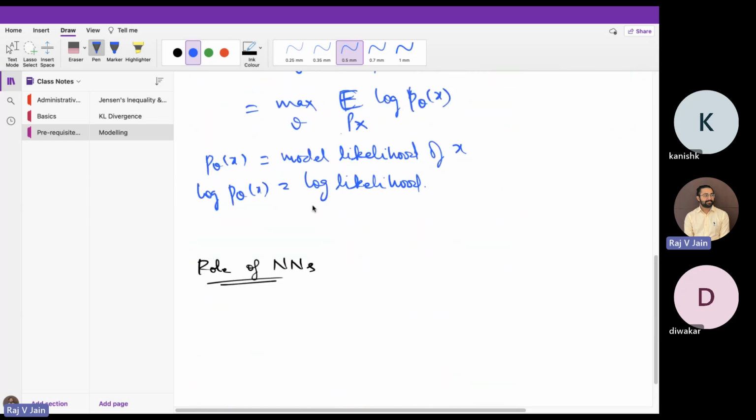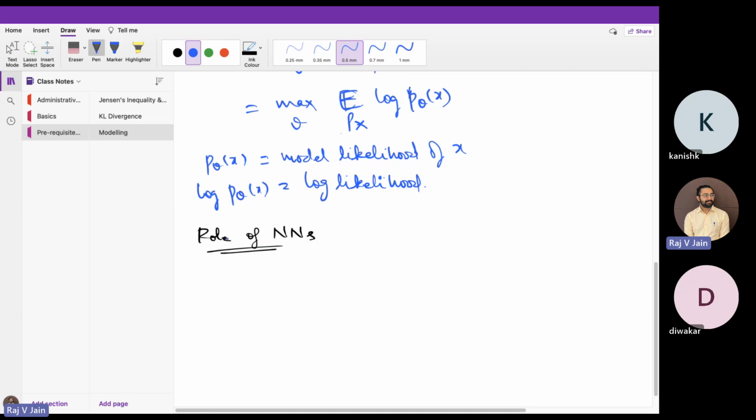Now the question comes: we have some parameters in place, so what parameters could they be, and how do we optimize this thought process?